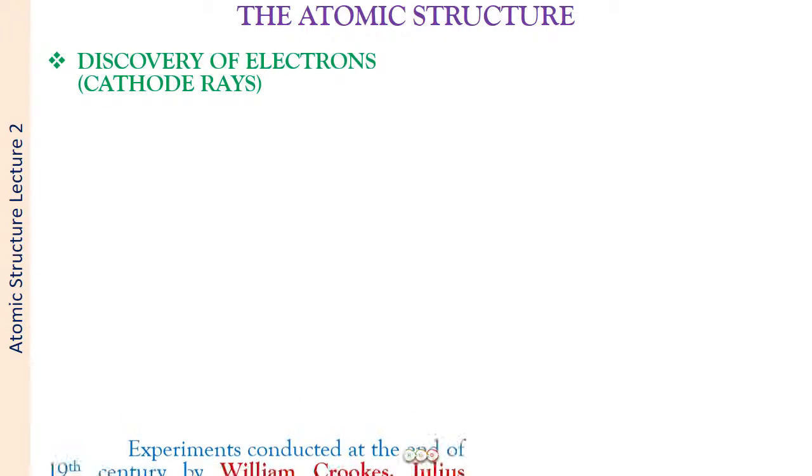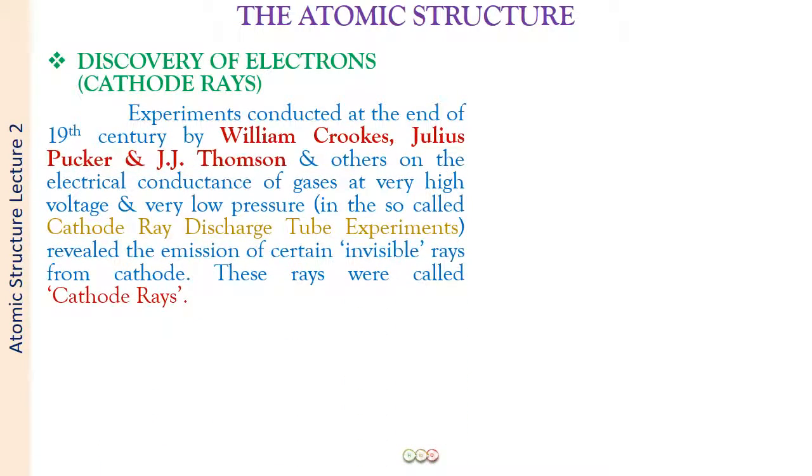Experiments were being conducted at the end of the 19th century by various scientists like William Crookes, Julius Plücker, and J.J. Thomson, on the electrical conductance of gases at very high voltage and very low pressure, because gases do not conduct electricity.